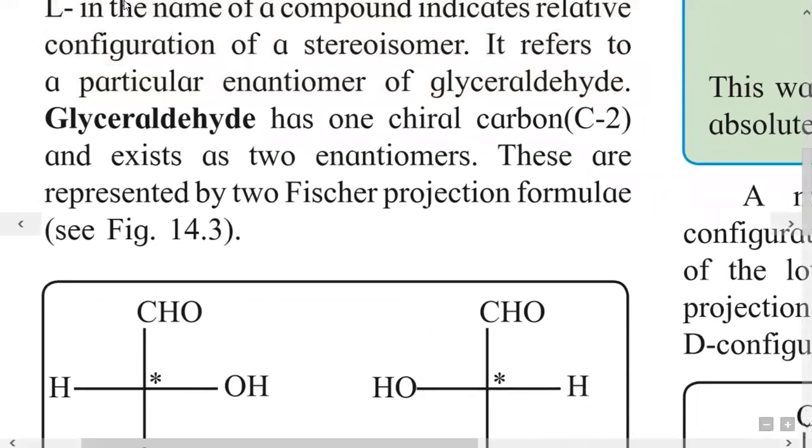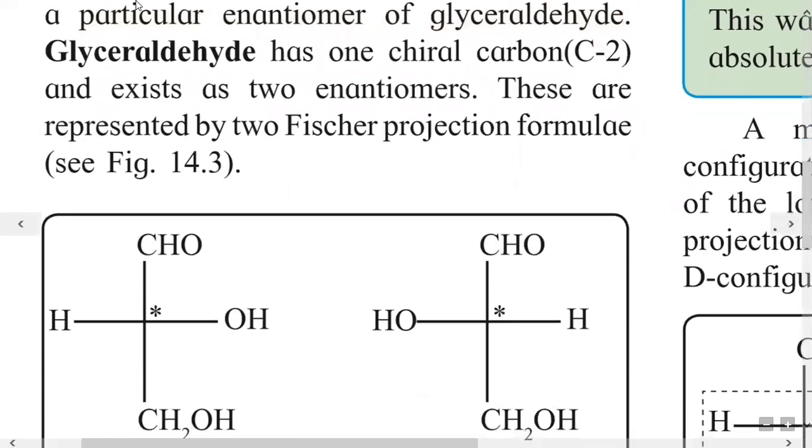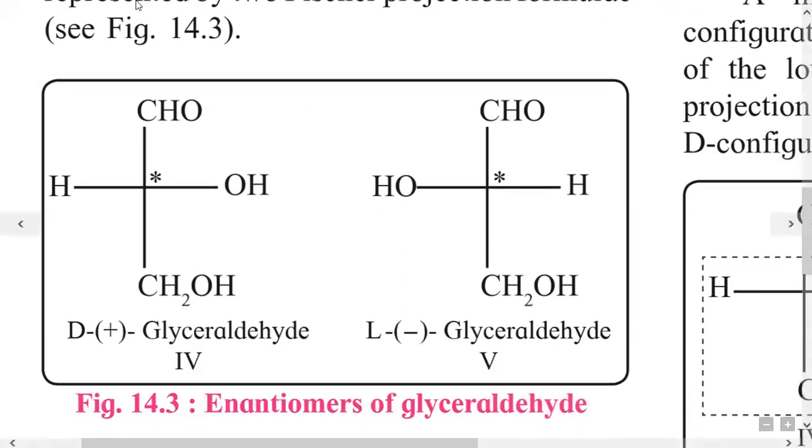Glyceraldehyde has one chiral carbon, the second carbon, because the second carbon is bonded with hydrogen, OH, aldehyde and CH2OH, four different groups. So these are represented like this. This is again a Fischer projection formula.